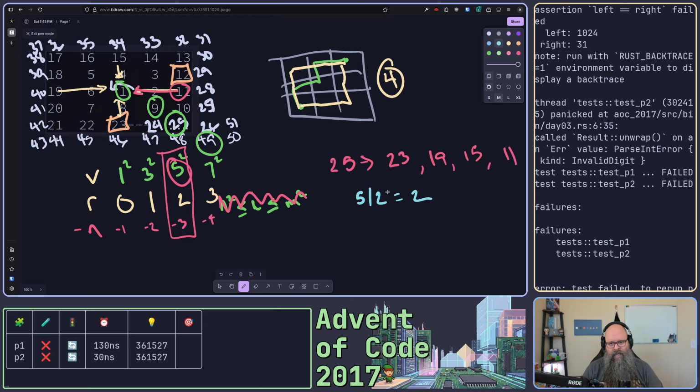This is the integer one. The integer 5 divided by 2 is 2. And so then we do 25 minus 2. And then we do 25 minus 5 minus 2. Is that right? No, it's not. It's 25 minus 5 minus 1 because it's going to go to 21.